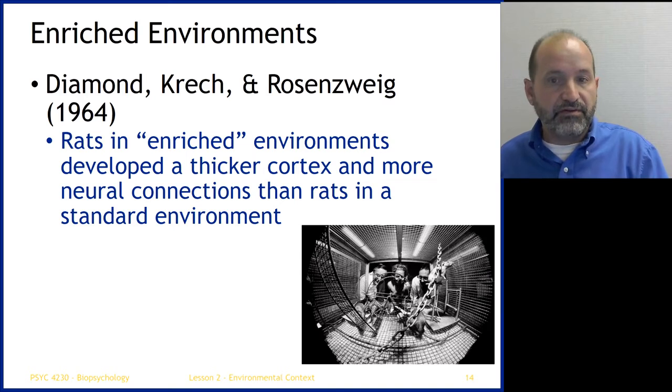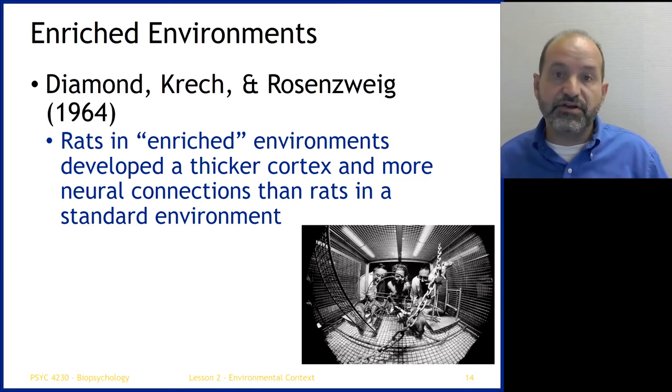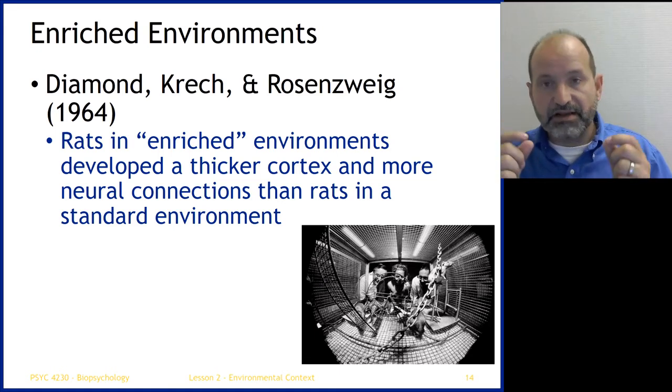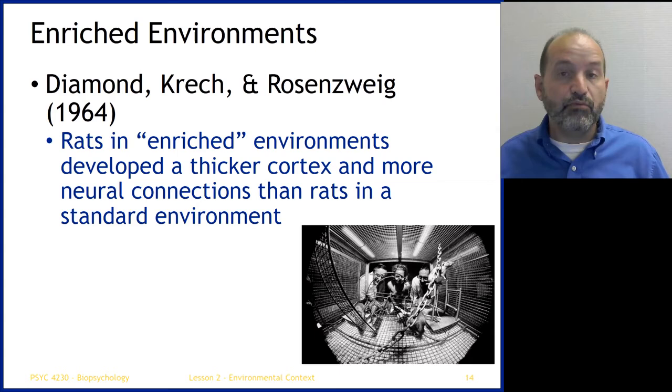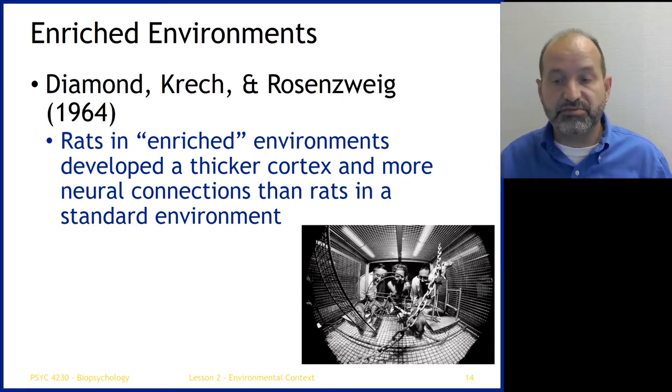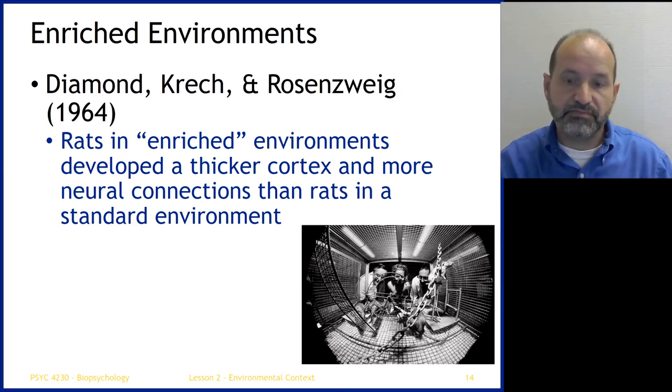Those in enriched environments developed thicker cortices, a thicker part of the brain where the neurons that allow us to think and respond are. They had more connections within that cortex than did rats in a standard environment. This is just one experiment of a whole series of experiments that showed this. And this kind of work continues today.